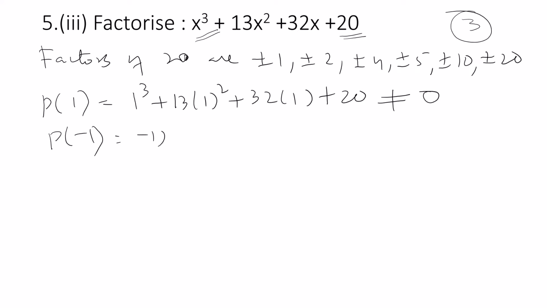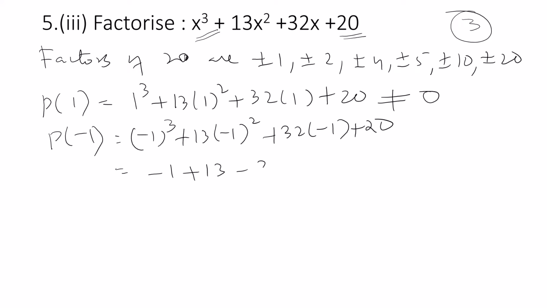P of minus 1 equals minus 1 cube plus 13 into minus 1 square plus 32 into minus 1 plus 20. Simplify this. You will get minus 1 plus 13 minus 32 plus 20. Now pick all the negative values. Minus 1 and minus 32 will give you minus 33.